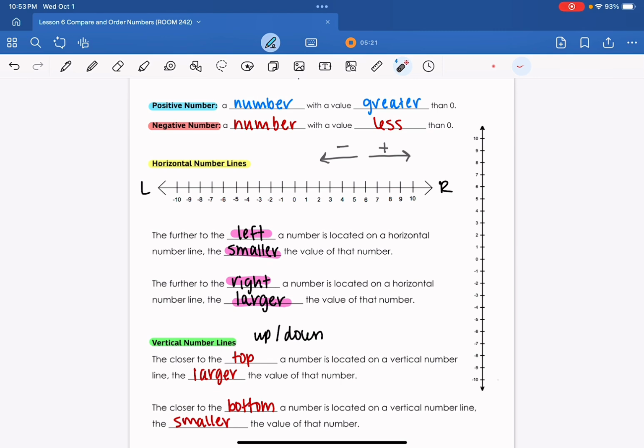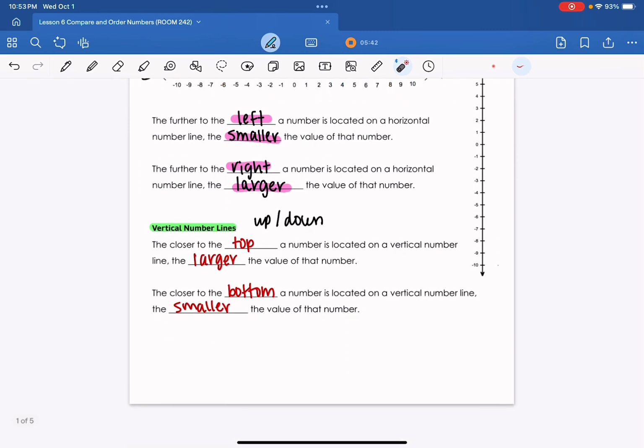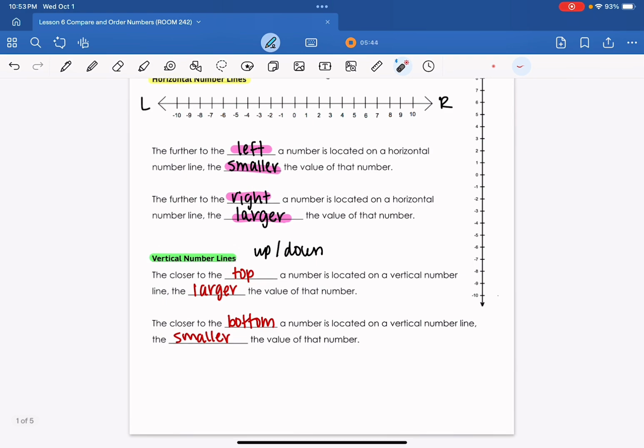So I grew in value, right? And if I'm at -3 still, and I move down 1, 2, 3, 4, I'm now at -7. And -7 has a smaller value than -3, right? Okay. Let's move on to page 2.